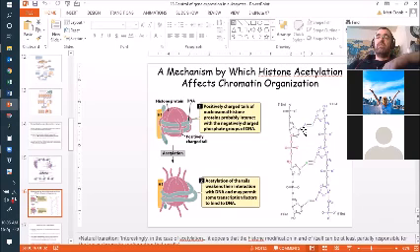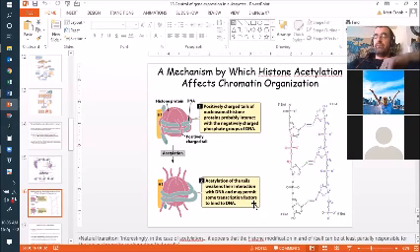So if you want histones to bind less tightly, the only thing you can change is the charge of the histone, because the charge of the DNA is intrinsic to its structure. So you can only reduce the charge of the histones to reduce that attraction between the two. And that's what acetylation is all about.